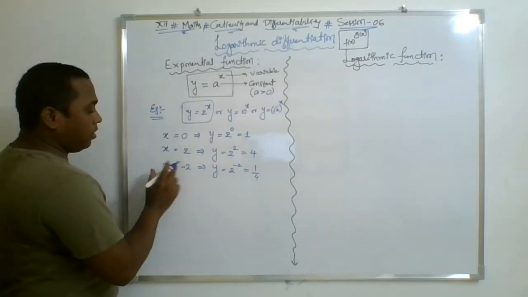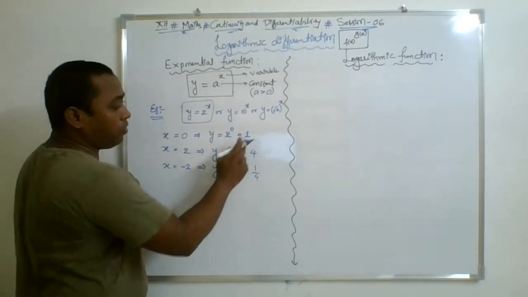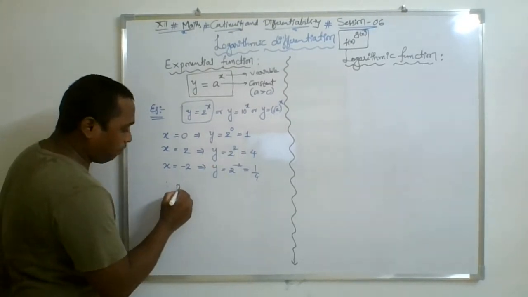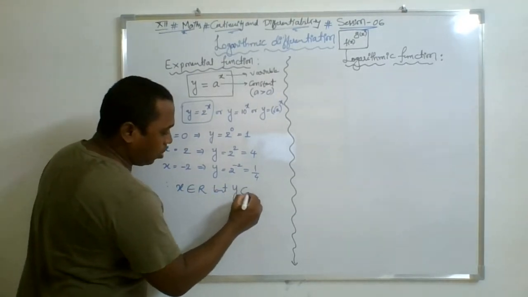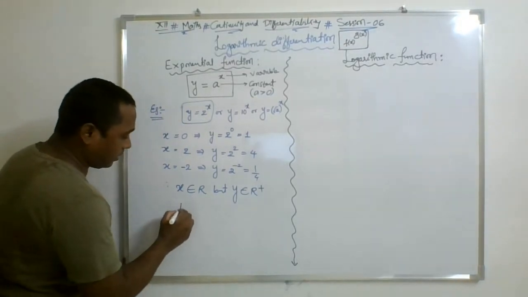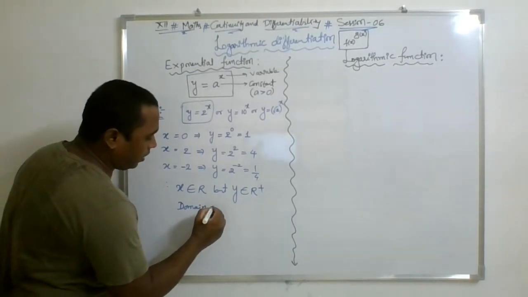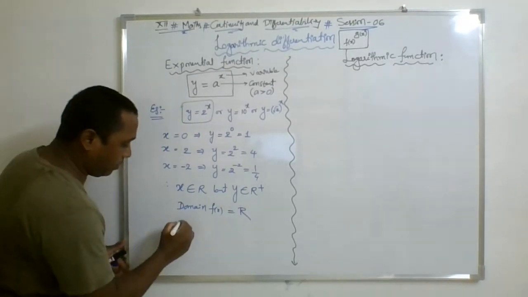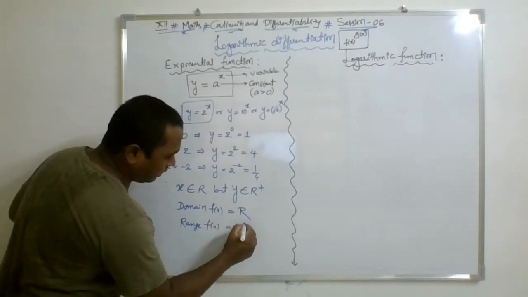So, whether the value of x is 0, positive or negative, the value of y you are getting is positive only. So what I am saying here is, x may be any real number, but y always belongs to the positive real numbers. Therefore, I can say the domain of the exponential function is always any real number, but the range of the function is only positive real numbers.